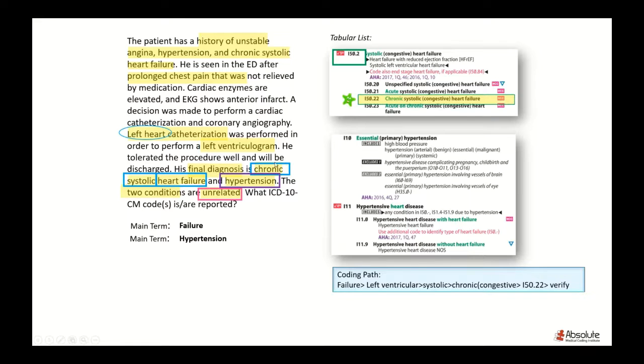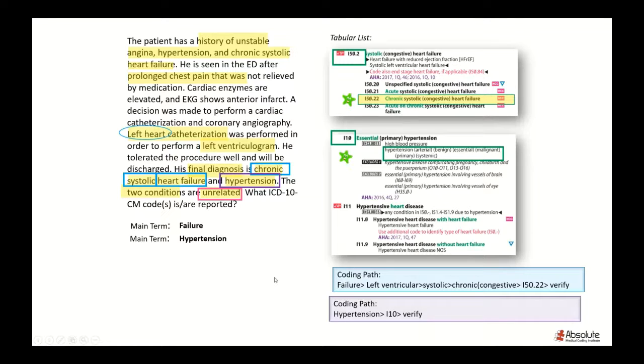This is really not a guideline indicating that you have to code it first, because if you can see, there's really nothing here for I10, but for the sake of however it's going to show up in your answer, most likely the failure is going to go first and I10 will be next.